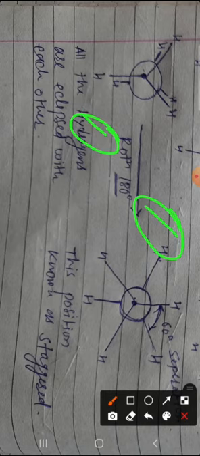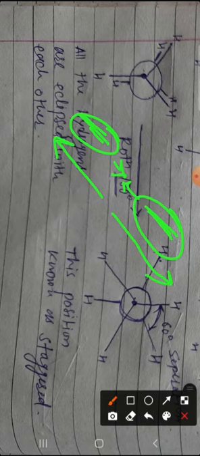So when electrons come closer to each other, because they have similar negative charges, they will repel each other.